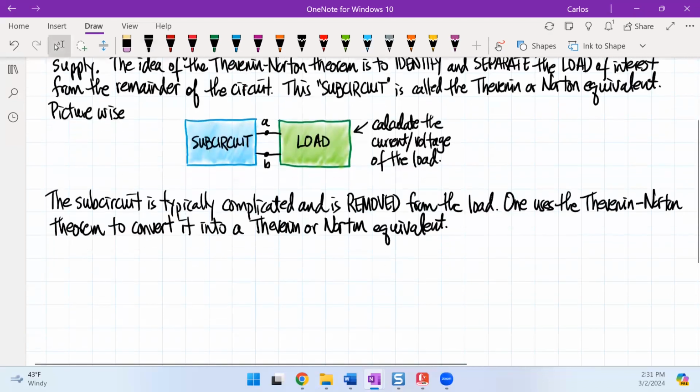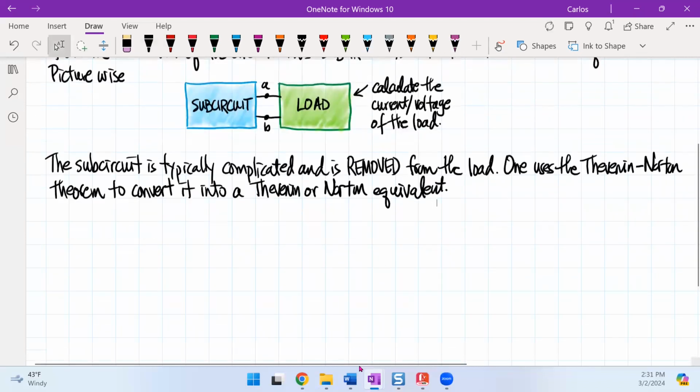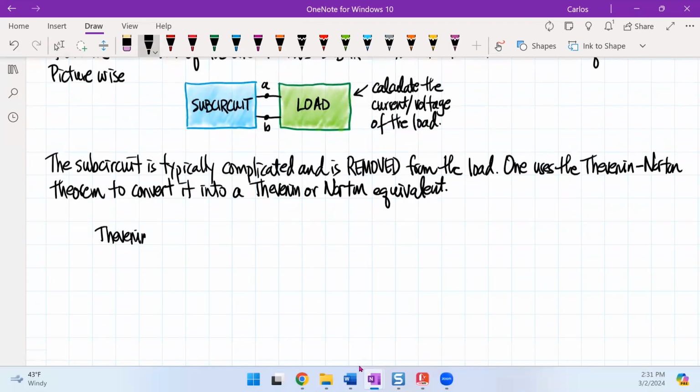Picture-wise, if I convert it using Thevenin's theorem, we call it a Thevenin equivalent.